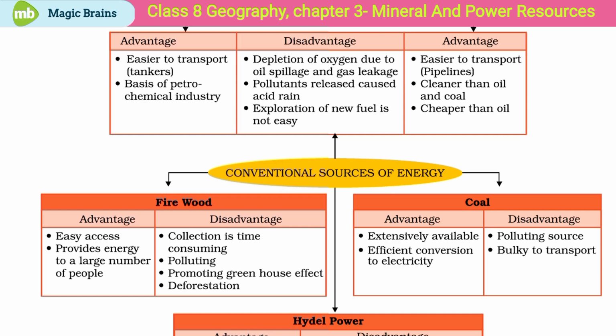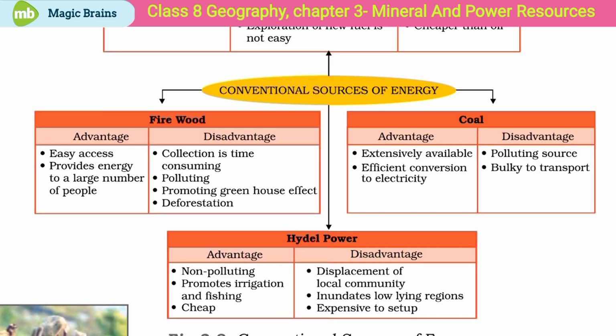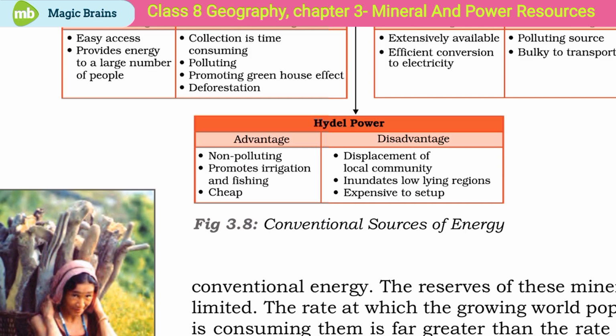In the last part of the diagram, the advantages and disadvantages of hydropower, which is also a conventional source of energy, is mentioned. The advantages of hydropower are: number 1, non-polluting. Number 2, promotes irrigation and fishing. Number 3, cheap.